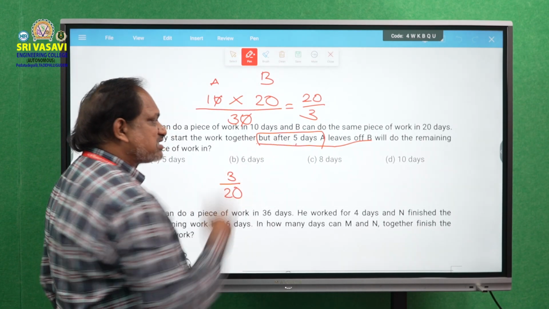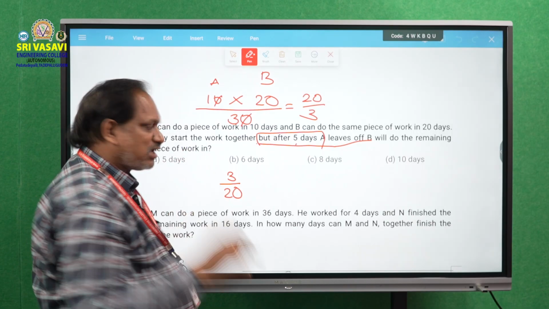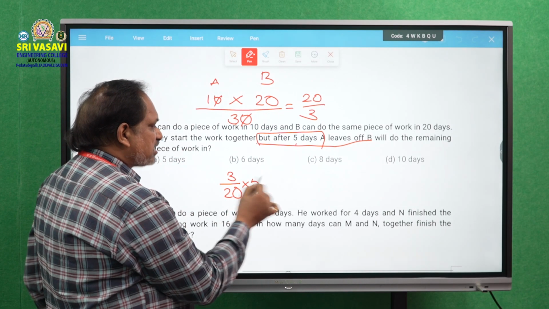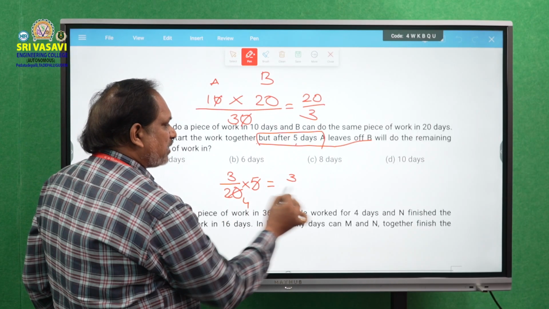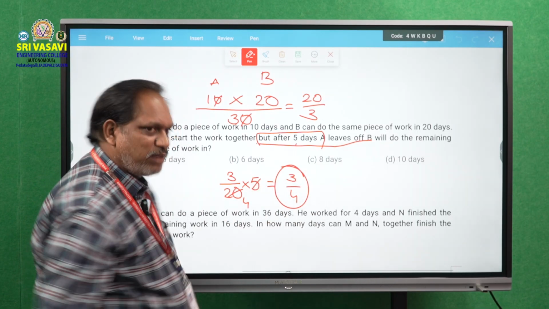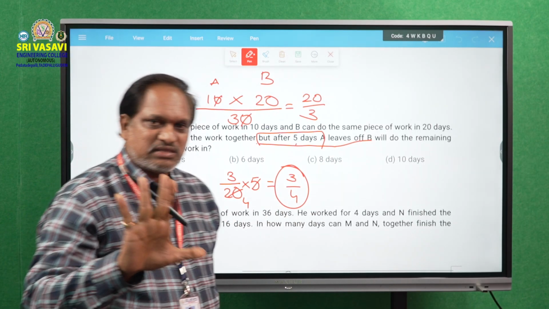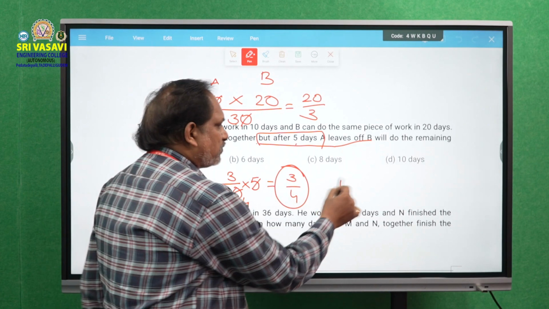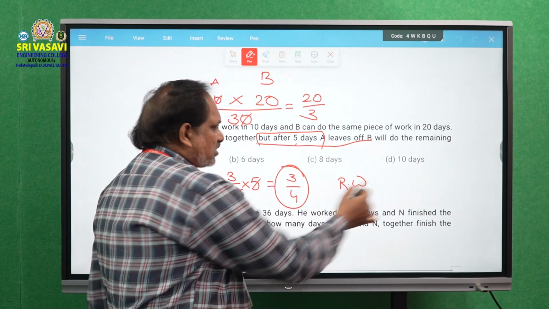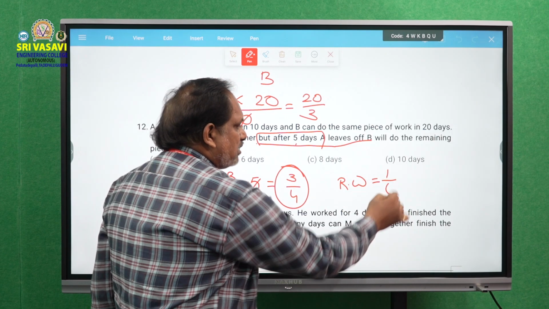According to the question, they are working together for 5 days. In 5 days, 3 5s are 15. So how much work is completed? 3/4 of the work is completed. Together in 5 days, 3/4 of the work is completed. What is the remaining work left? 3/4 already completed, the remaining work is 1/4.